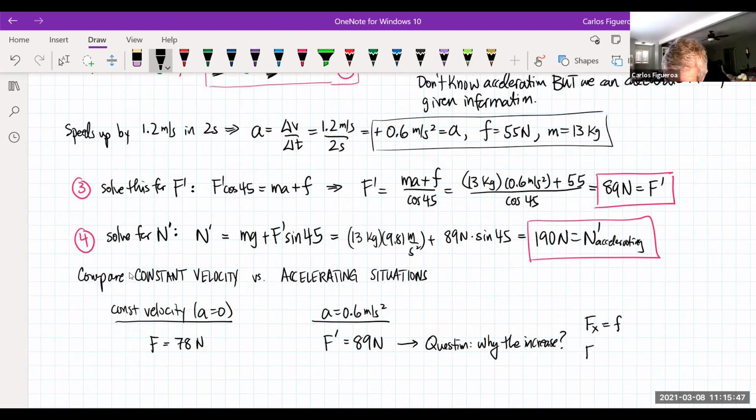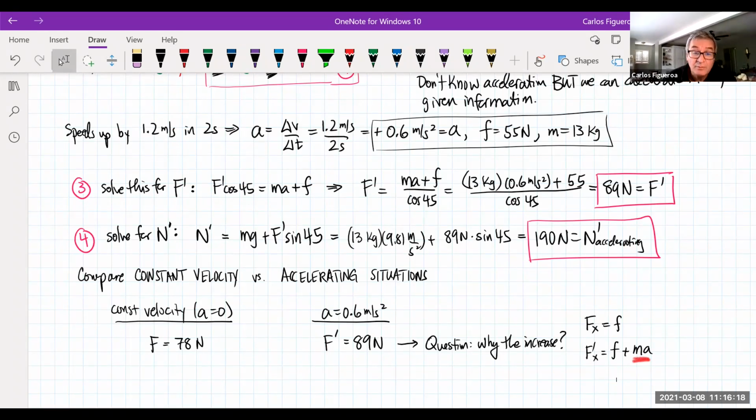But now Fx prime is equal to the frictional term plus the mass times the acceleration. So why is Fx prime larger? Because there's this mass times acceleration term. That becomes important because we need it to justify the difference.